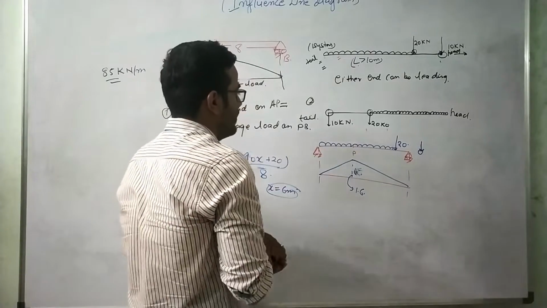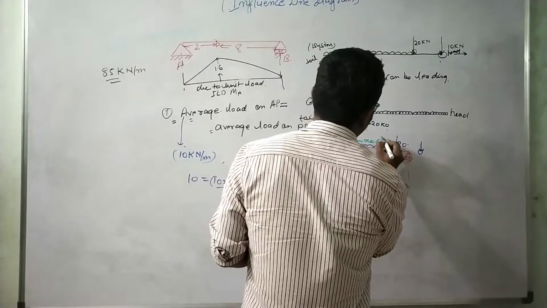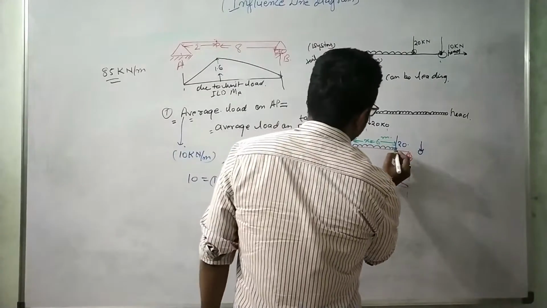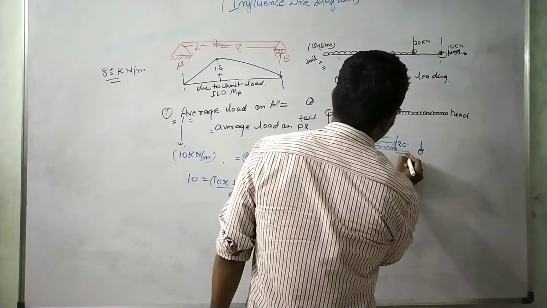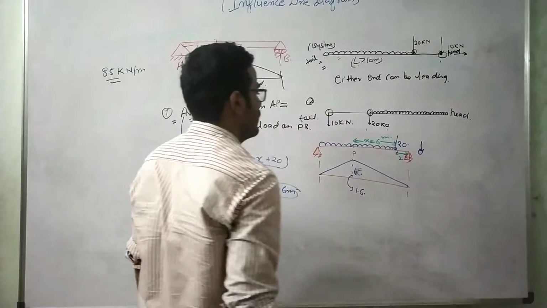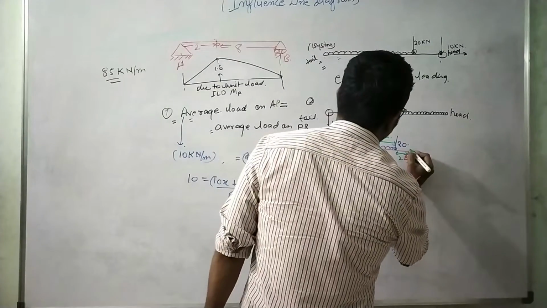So from here we can see that this UDL distance x is equal to 6 meter. Okay, and this distance is 20, so the remaining distance will be 2 meter. Okay, and this 10 kilonewton load is acting at the support only.